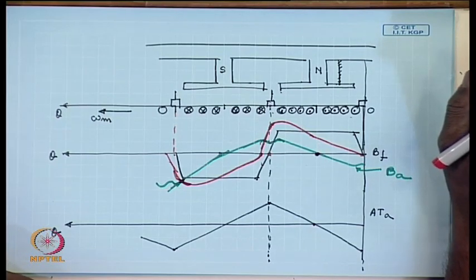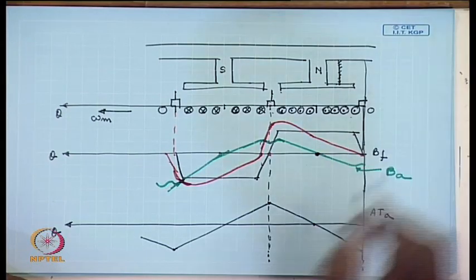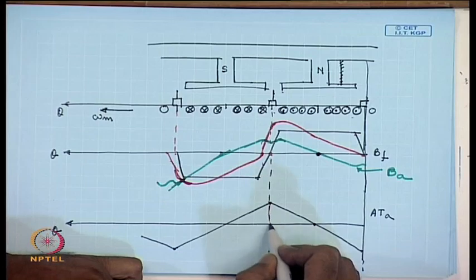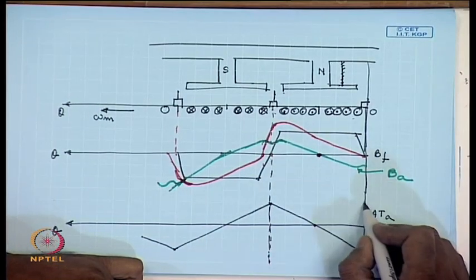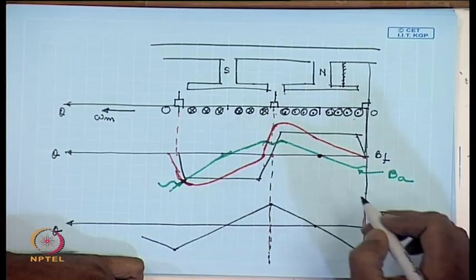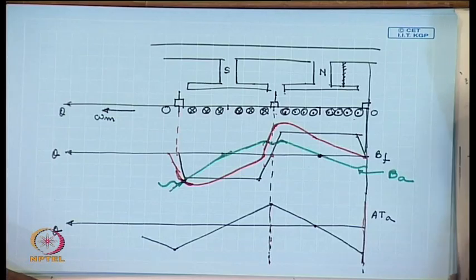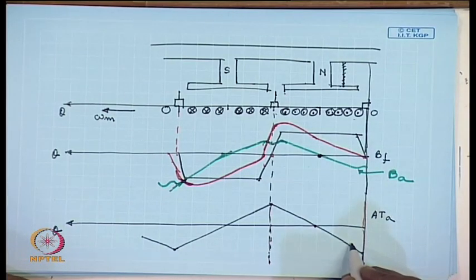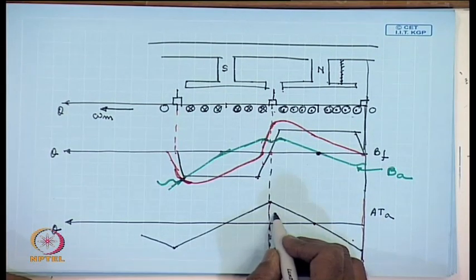However, if we assume that the magnetic circuit is unsaturated, the net armature MMF under one pole is 0, that is, the negative MMF at this edge cancels the positive MMF at this edge.